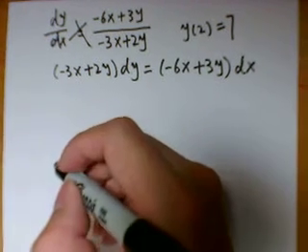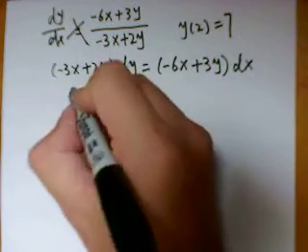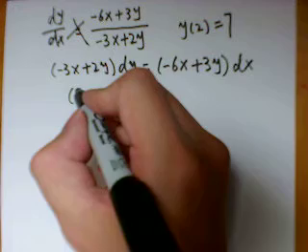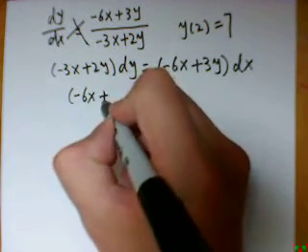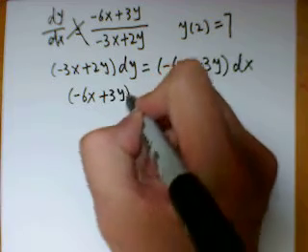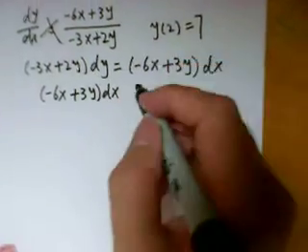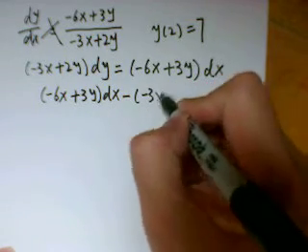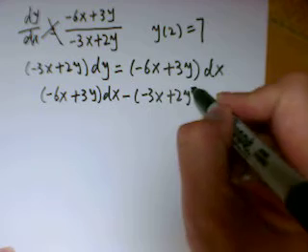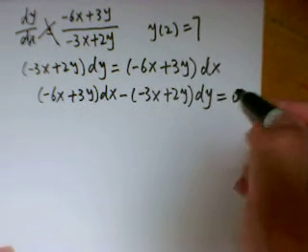Okay, and then we can move these terms to the right hand side. We're gonna get negative 6x plus 3y dx minus negative 3x plus 2y dy equals 0.